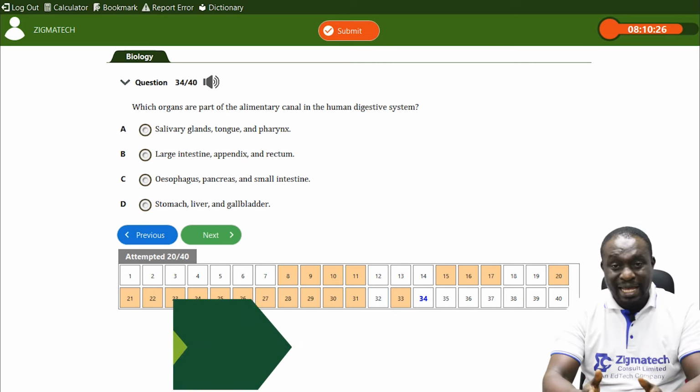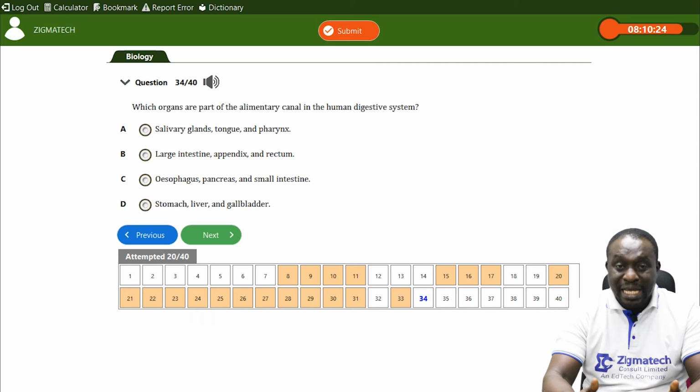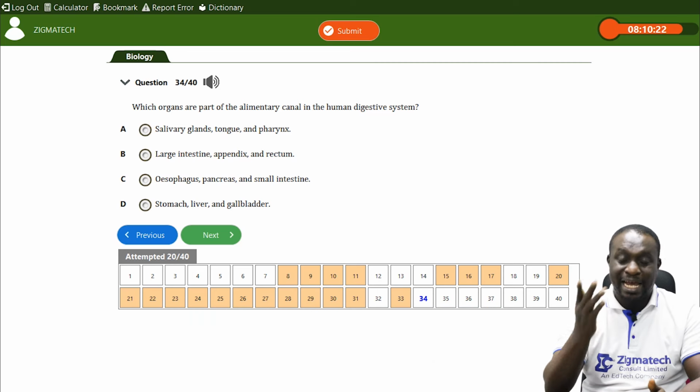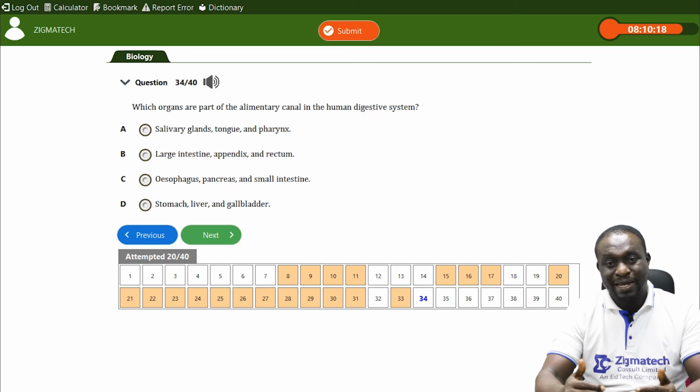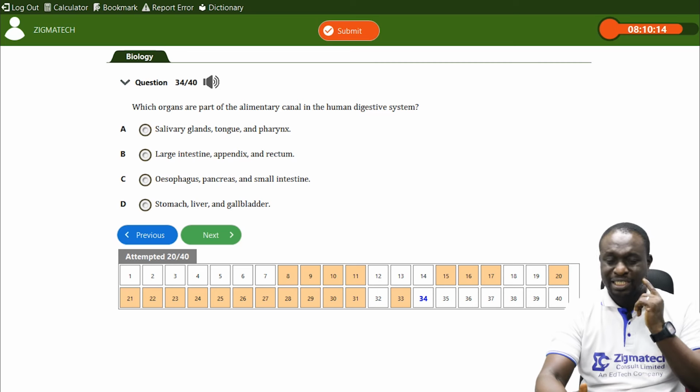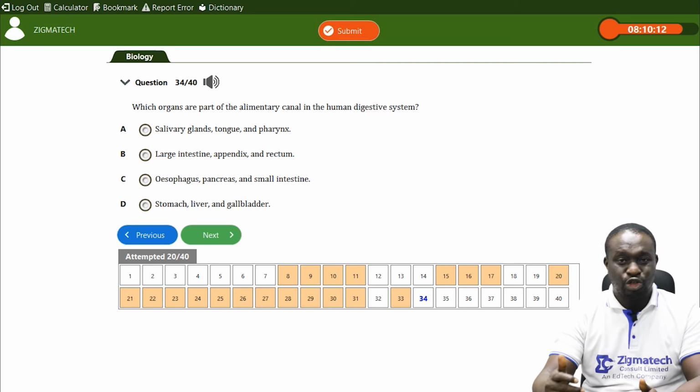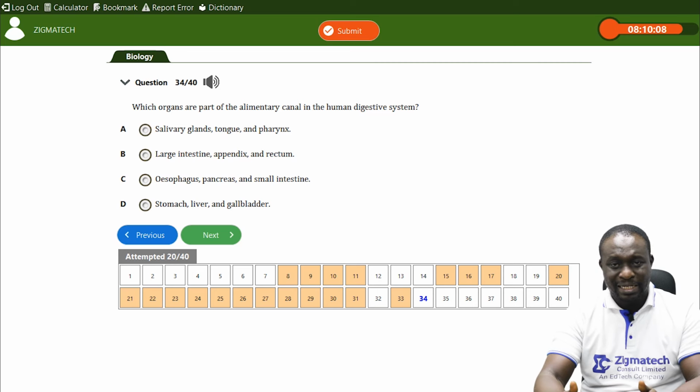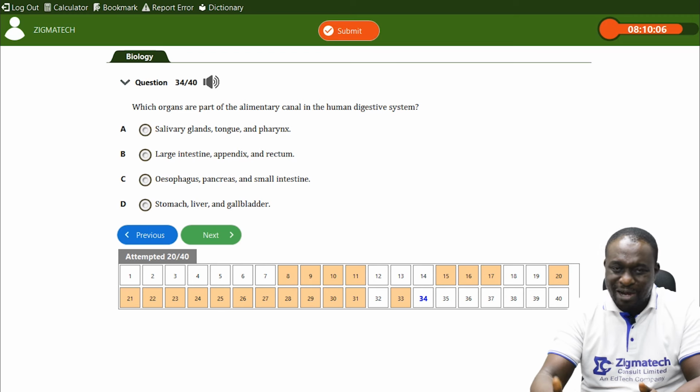Now, the salivary gland and the tongue play a major role in digestion. They are actually found in the mouth, which is also a part of the alimentary canal. Okay, but the pharynx, as it relates to humans, the alimentary canal of a human does not include the pharynx.